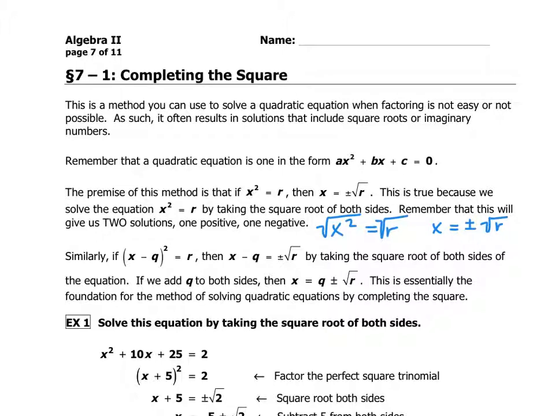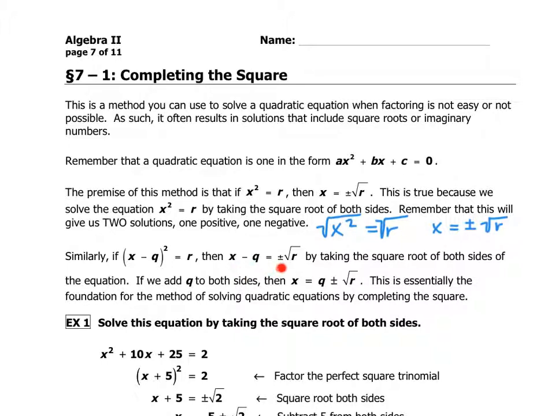Now, we're going to use this premise for completing the square, except that what we're going to start with is this: x minus q quantity squared equals r. Take the square root of both sides. The square root of x minus q quantity squared is just x minus q.